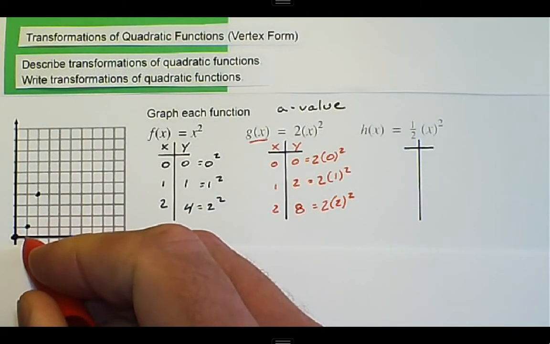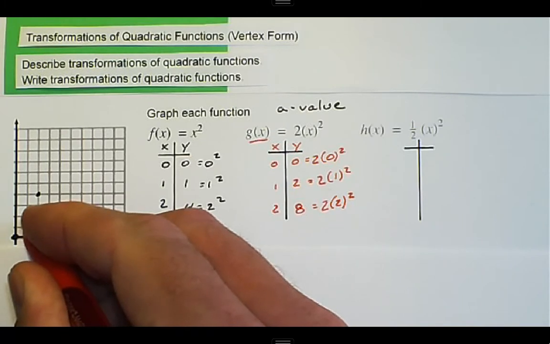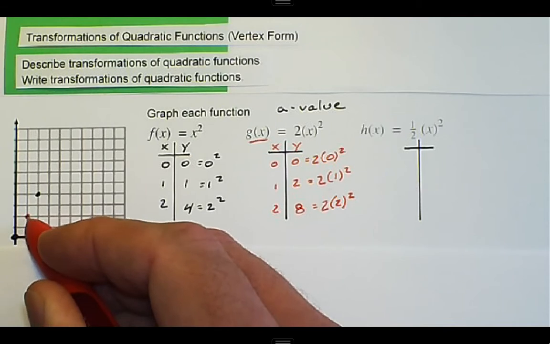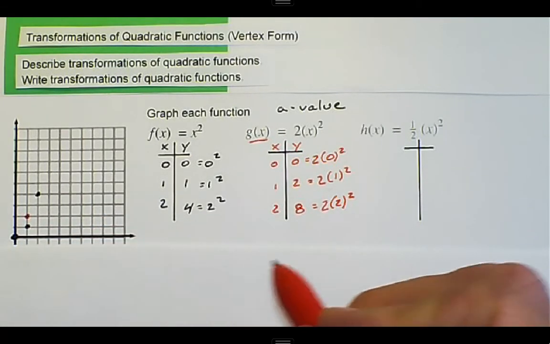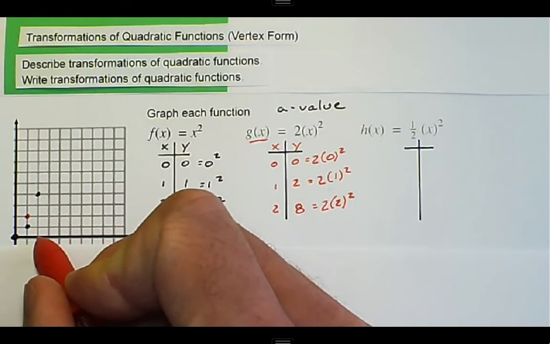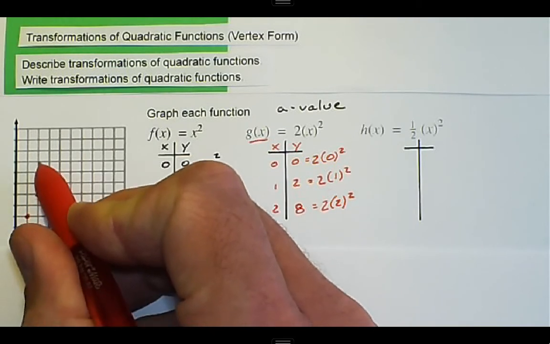Instead of going up just 1, now we're going to go up 2. So now our g of x, or red function, is going to be 2 times higher than the parent function. And then 2, 8, so over 2, and then 1, 2, 3, 4, 5, 6, 7, 8.